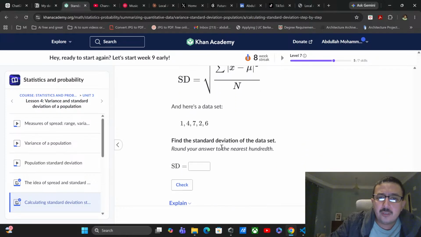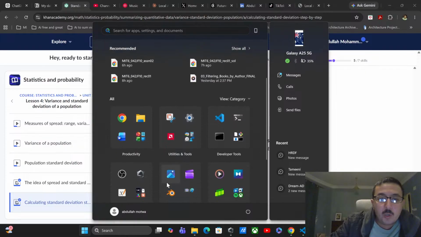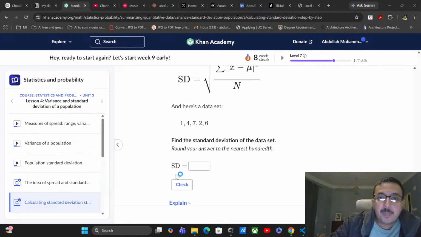Try it yourself. And here's this data set. I just did it myself. Standard deviation. Okay. So now we're going to get the mean. He wants the standard deviation all at once.